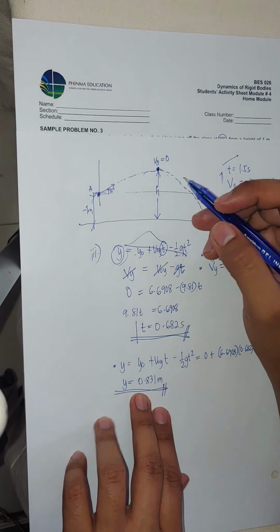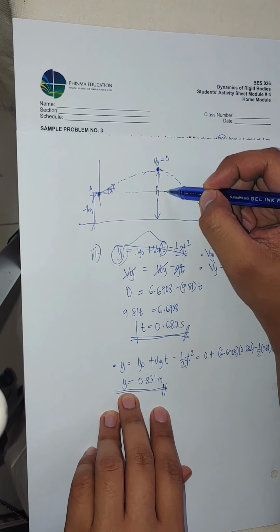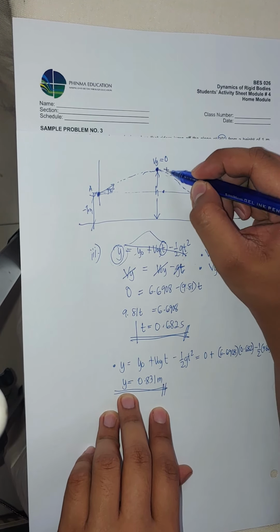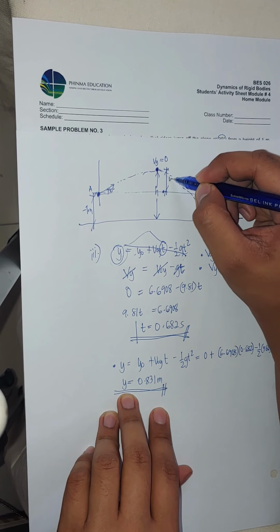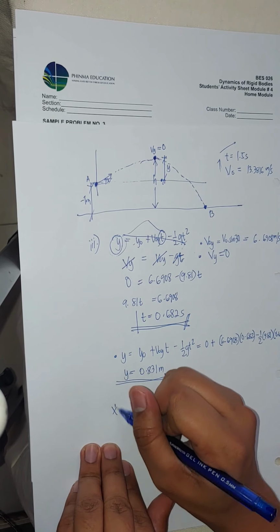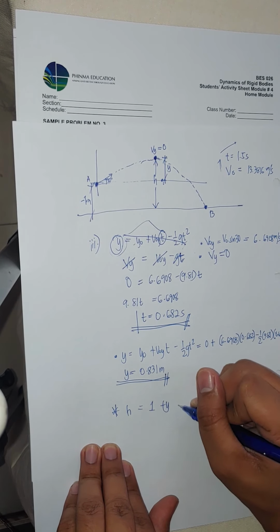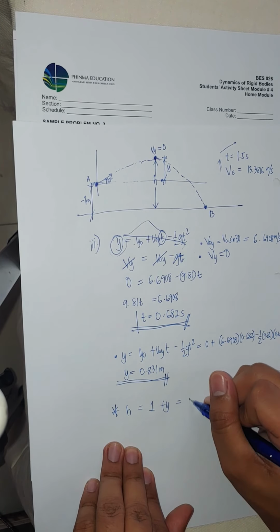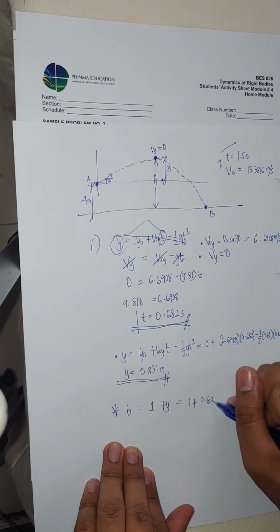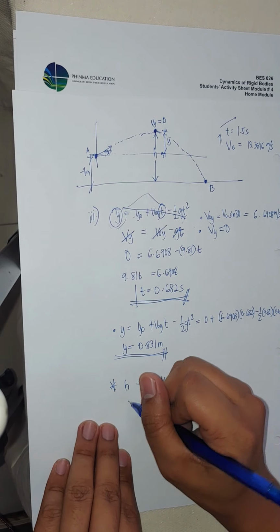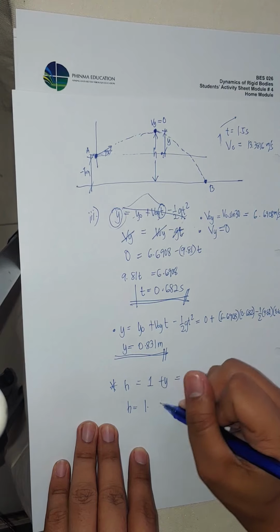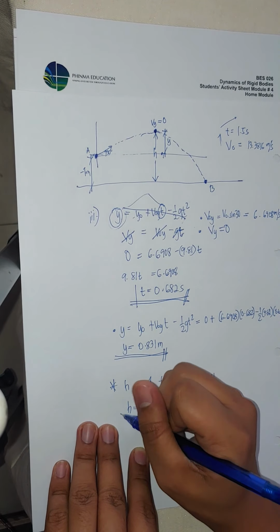If you remember, y is from this to here. So the total height is 1 meter plus y. So 1 meter plus 0.831, and the total height reached is just equal to 1.831 meters.